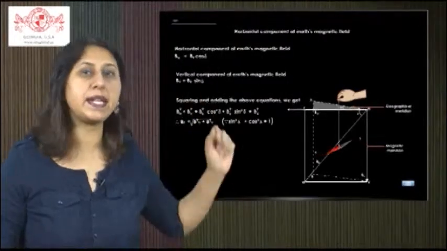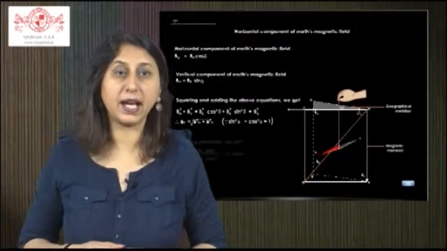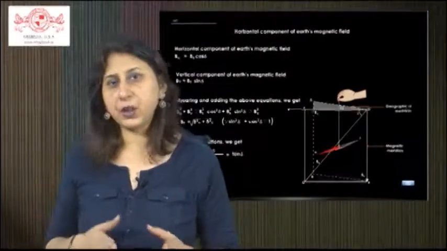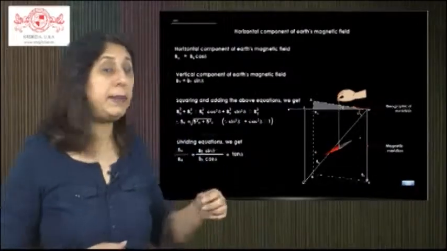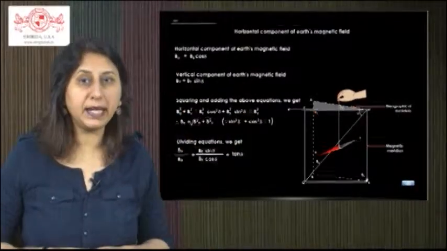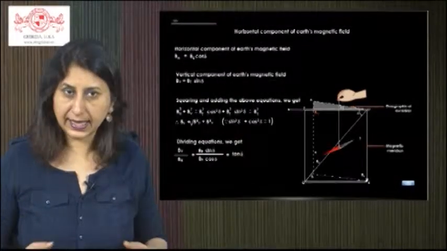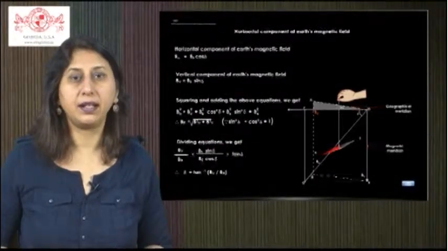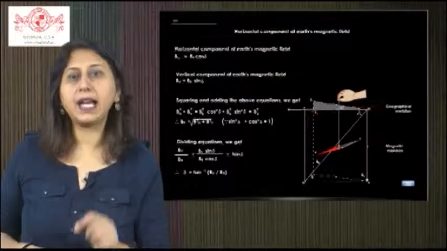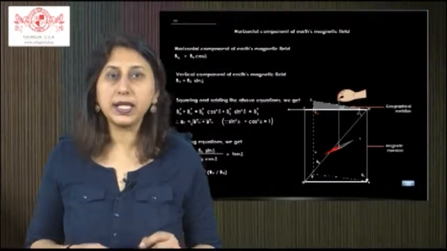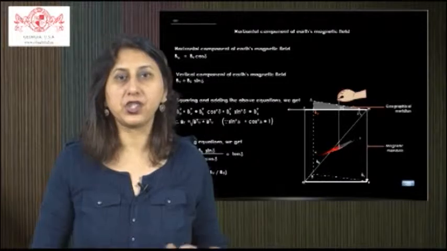Since sin square delta plus cos square delta equals 1, dividing the equations we get BV by BH is equal to BE sin delta by BE cos delta, that is equal to tan delta. Therefore, delta is equal to tan inverse BV by BH.